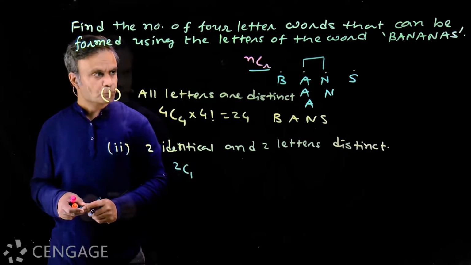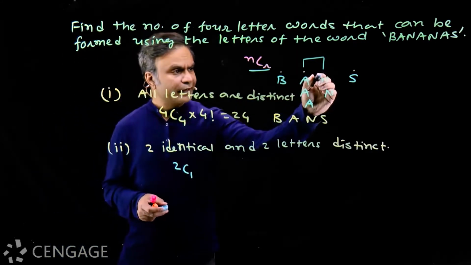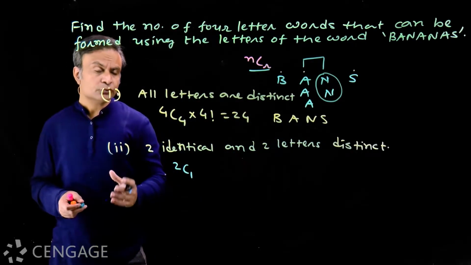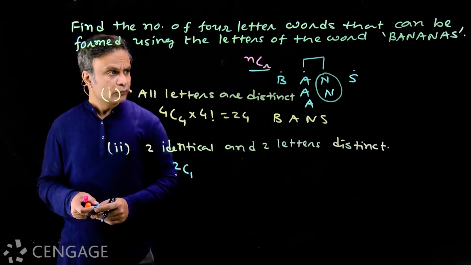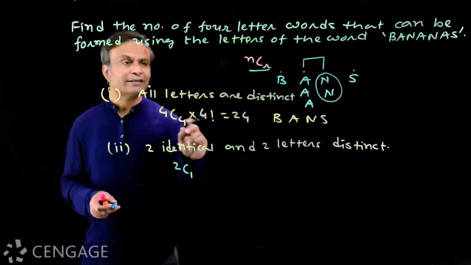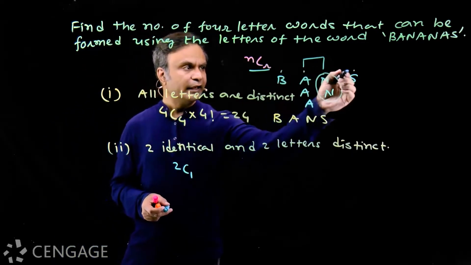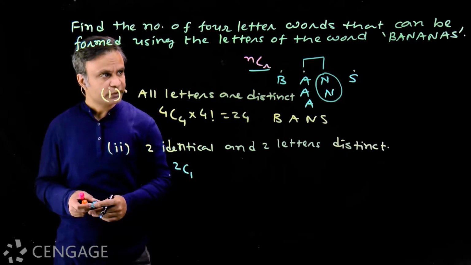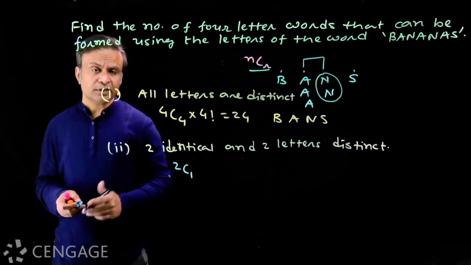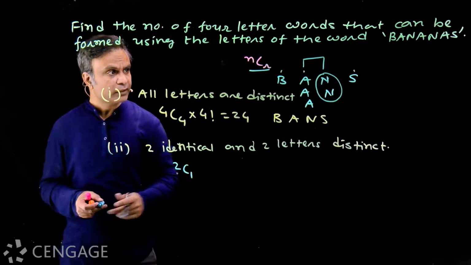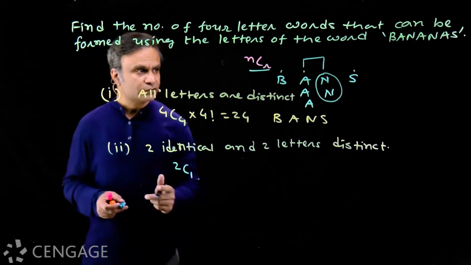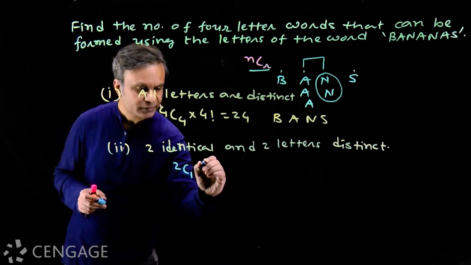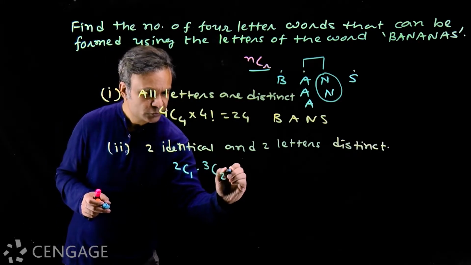Now suppose this pair of identical letters is selected. Now we have to choose 2 more letters from the remaining 3 distinct letters B, A and S. हमें जो बाकी के 2 letters select करने हैं वो distinct होने चाहिए और हमारे पास 3 distinct letters available हैं B, A and S, and we can select 2 distinct letters from 3 distinct letters in 3C2 ways.